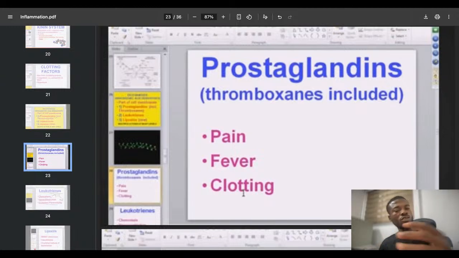Otherwise, even though there is vasodilation, the hydrostatic pressure of blood will still remain the same, and you wouldn't be able to recruit the necessary plasma proteins and leukocytes to carry on with the inflammatory process.